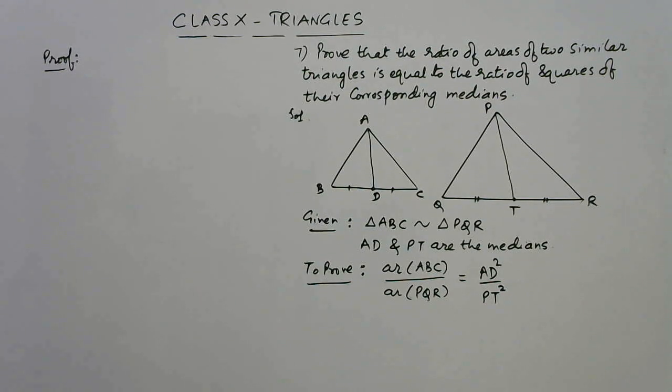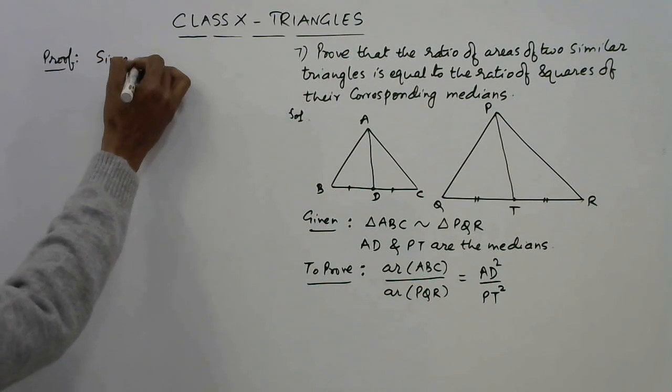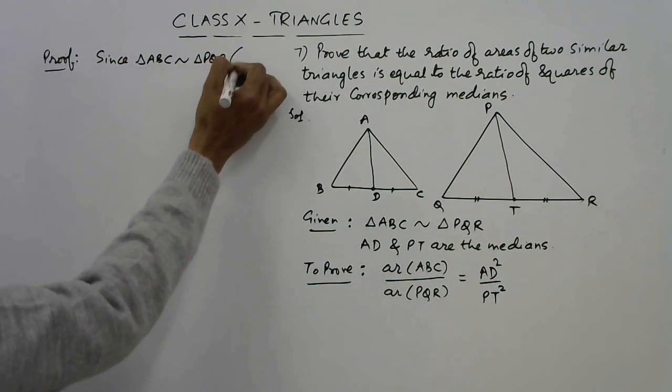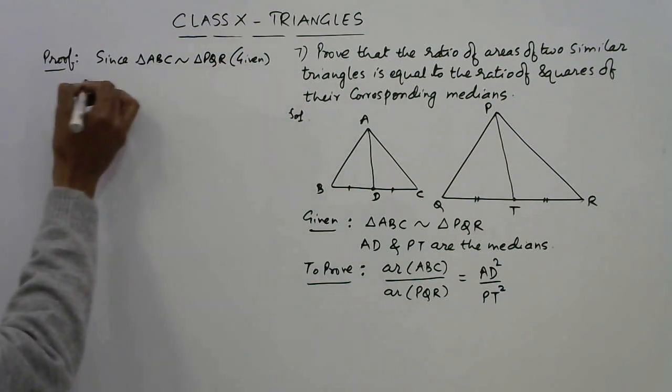Triangle ABC is similar to triangle PQR. So whenever two triangles are similar, what is the result which we can use? The result which we can use is that the ratio of the areas of these two similar triangles will be equal to the ratio of squares of their corresponding sides. So since triangle ABC is given similar to triangle PQR, now I am using the theorem.